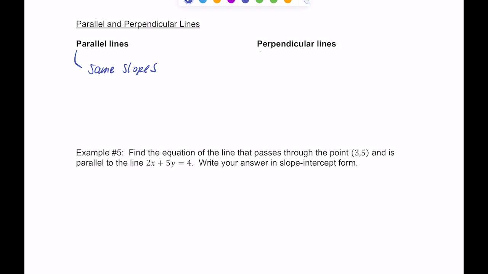And for perpendicular lines, you might recall that perpendicular lines are lines that intersect at a right angle. So that's what makes them special. And their slopes, if you were to multiply the slopes of perpendicular lines, their product would be -1. So the product of the slopes equals -1, or you could look at it as they are negative reciprocal slopes.